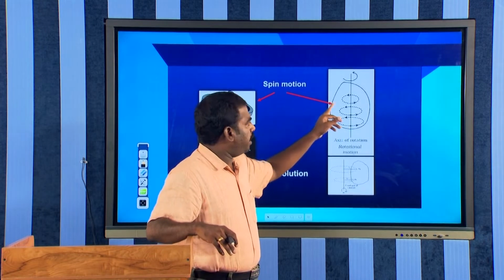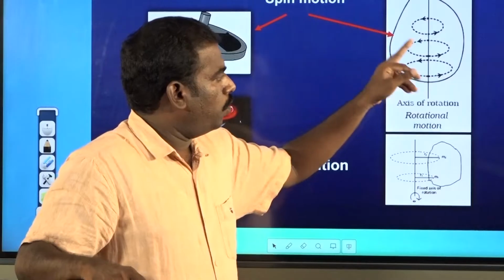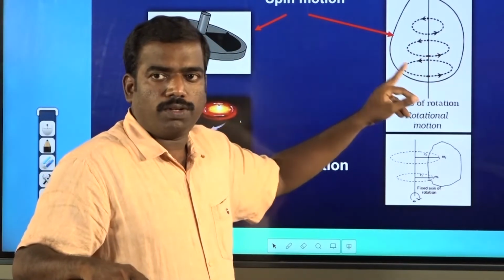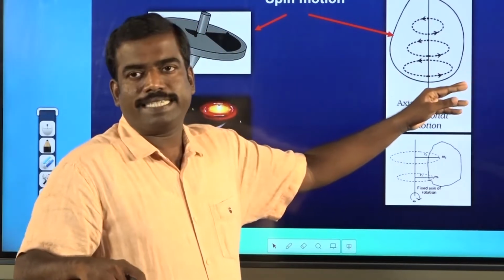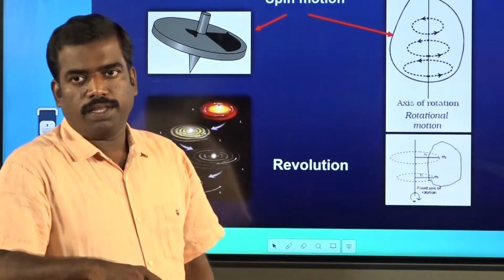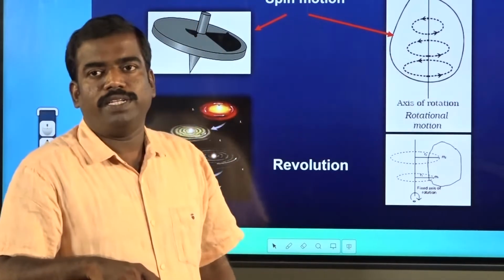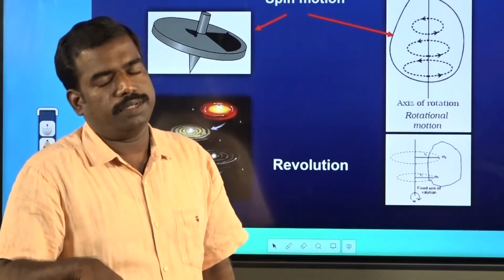Please note, the particles which are very near to the axis follow small circular paths, and the particles which are at some distance from the fixed axis follow larger circular paths. But you can see an axis which passes through all the centers of these circular paths, and this axis is called the axis of rotation.